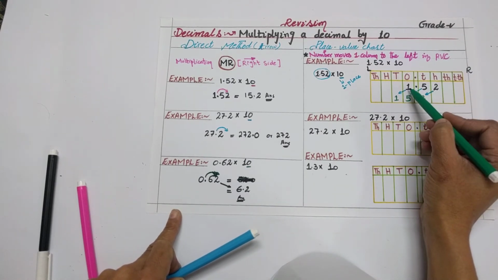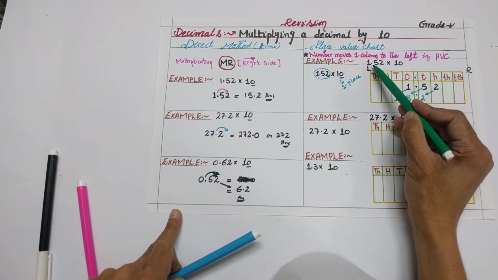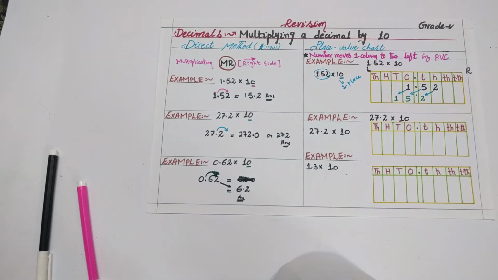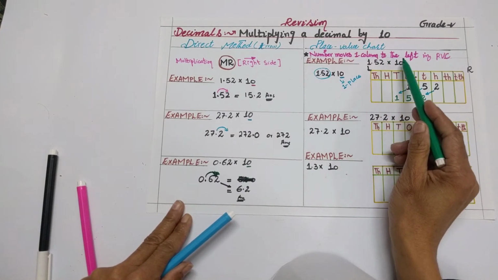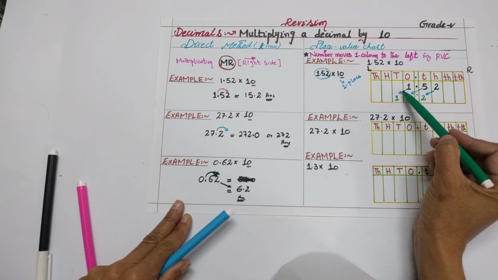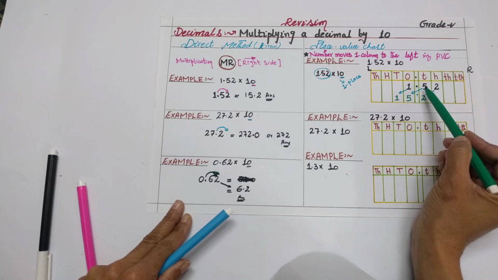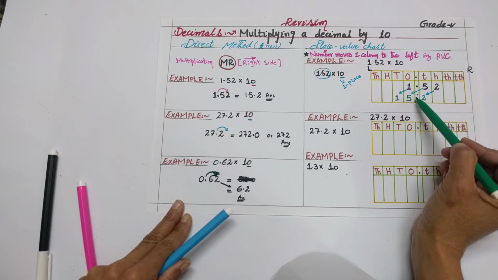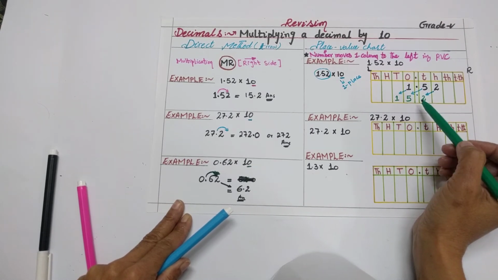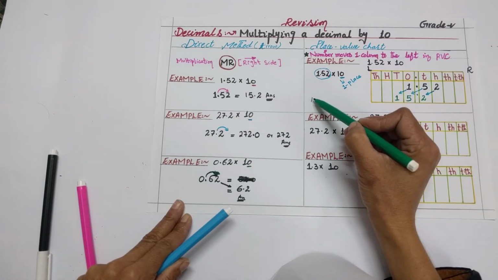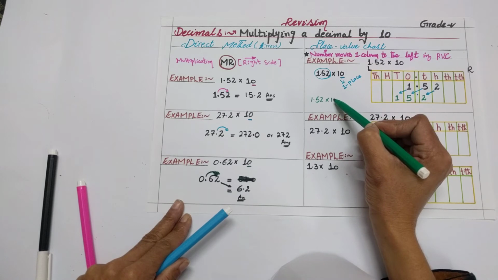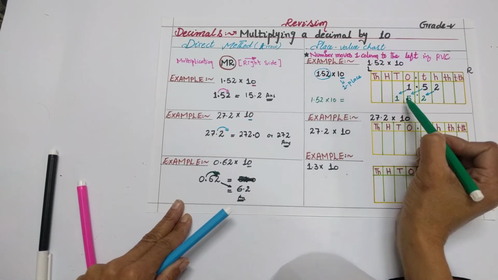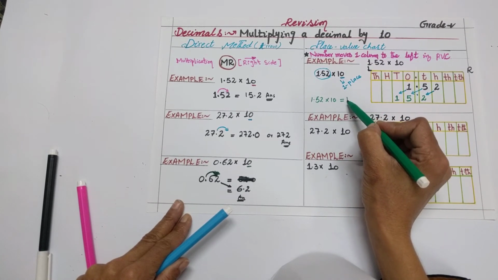So after multiplying 1.52 by 10, the number moves one column to the left. Each digit moves one column to the left side. So after multiplication of 1.52 by 10, our answer is 15.2.